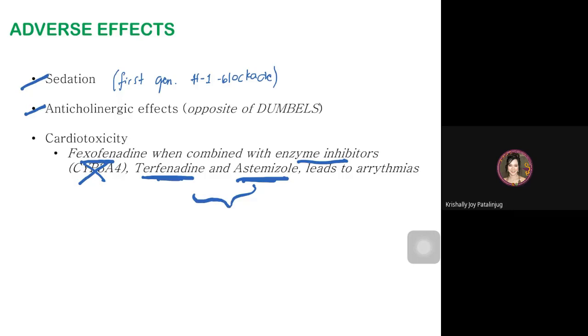Therefore, kung inhibited ang metabolism ni fexofenadine, tataas yung blood concentration niya. And with this cardiotoxic drug, musamot ang cardiotoxicity, and that leads to arrhythmias. So that is why gi-phased out ang terfenadine and astemizole.